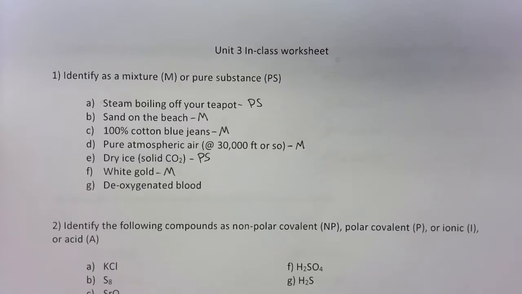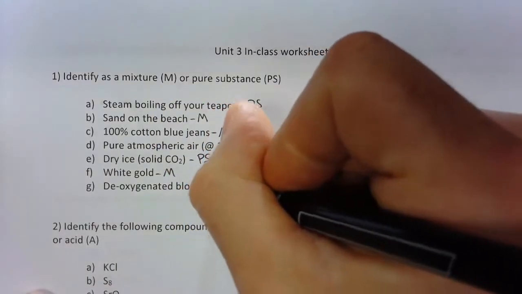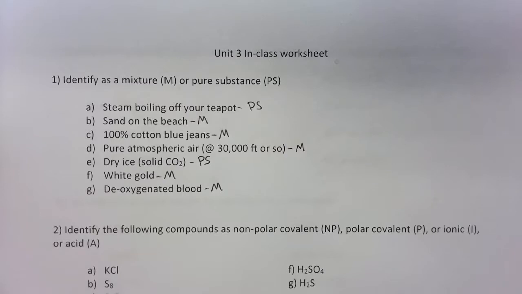So that makes it a mixture. Deoxygenated blood. This is a mixture as well. There's lots of things in blood: water, cells, DNA, bacteria potentially, hopefully not, but iron, all sorts of things in blood. Okay.